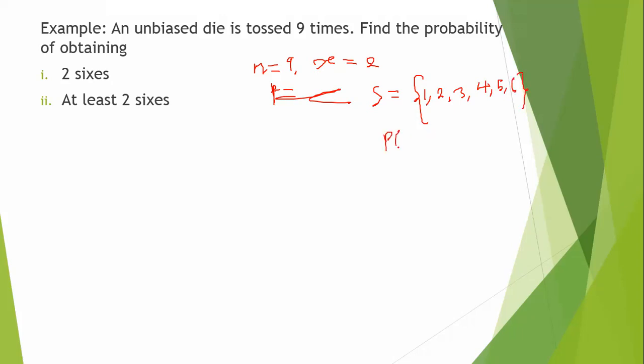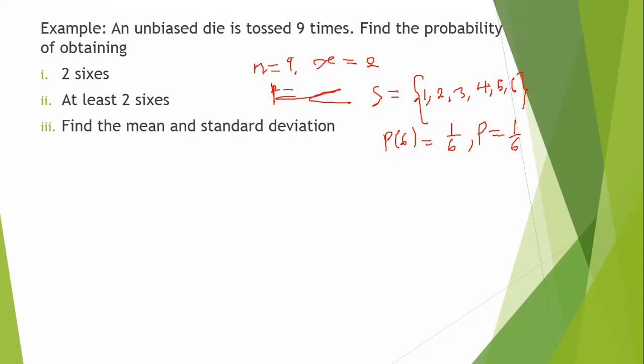So then what is the probability of getting a 6? It's 1 out of 6. And now since we are in a binomial, this would be equal to p, the probability of success, because we are interested in getting a 6. Then we also use the formula p plus q is equal to 1.